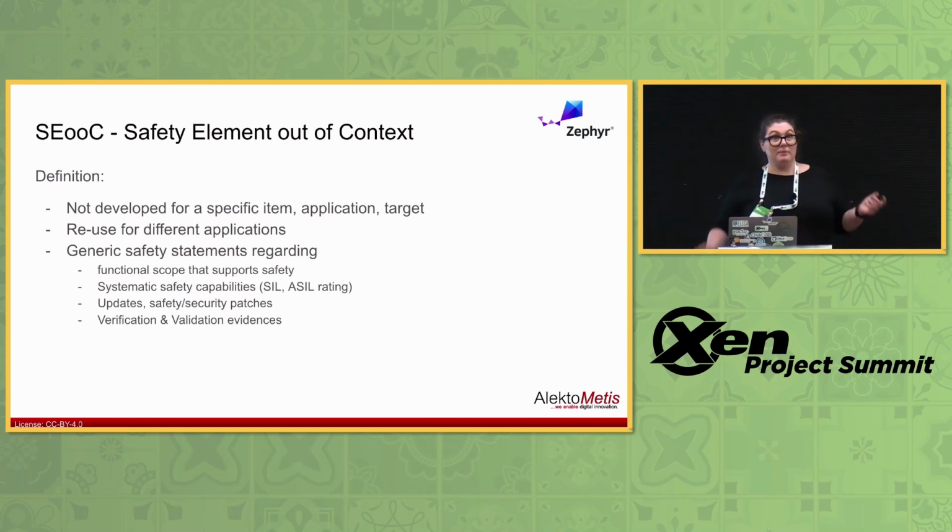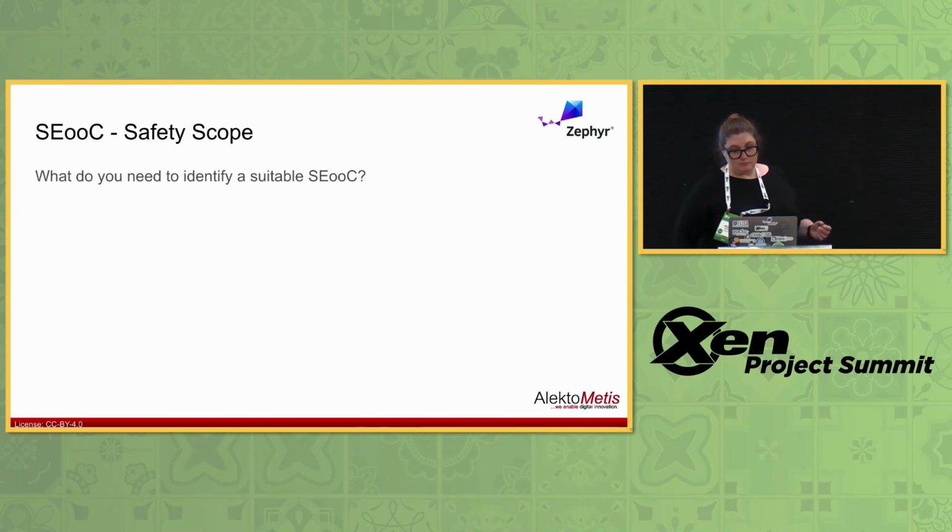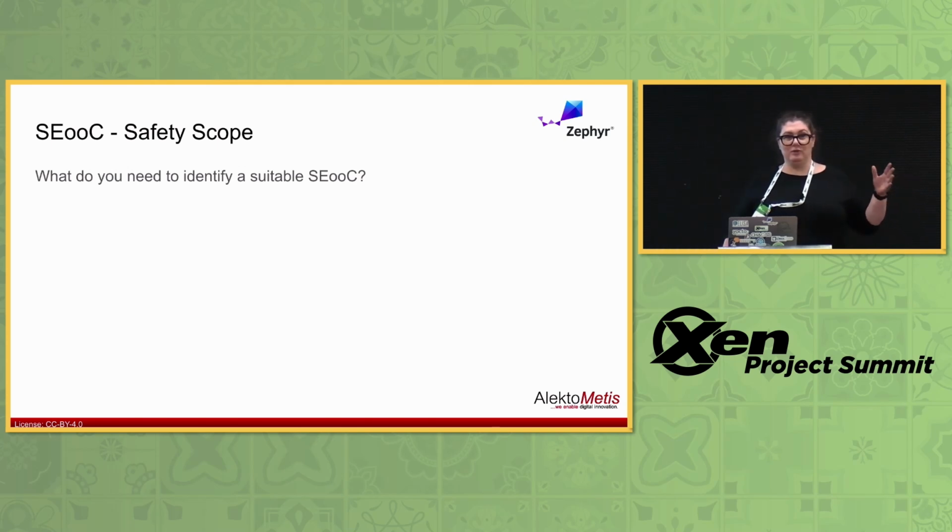It hopefully comes with updates, not only security patches, but also updates regarding functionality, updates regarding evolvements of your platforms, and it comes with the verification and validation evidences that you need to qualify it within your application. So, big question, what do you need to identify a suitable safety element out of context? Anybody? If you want a safety element, what would you look into?